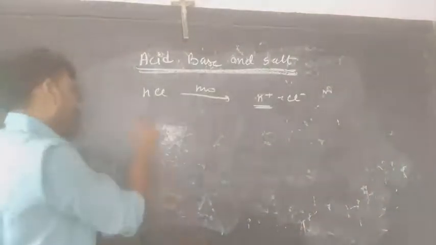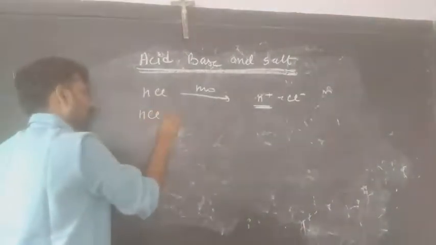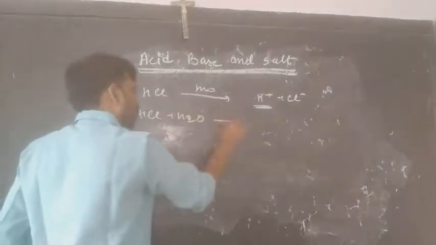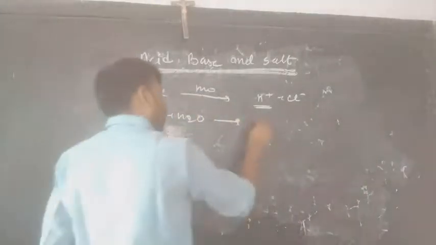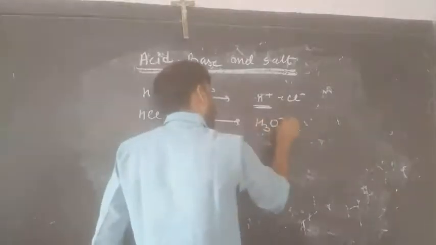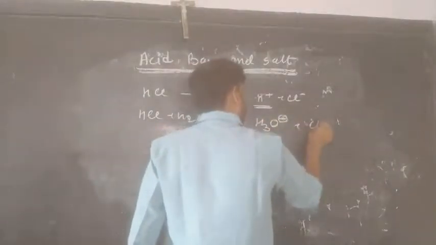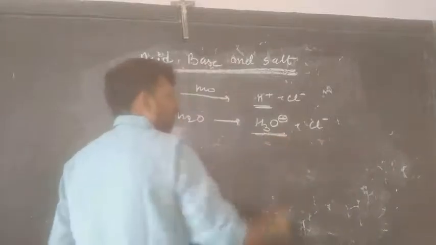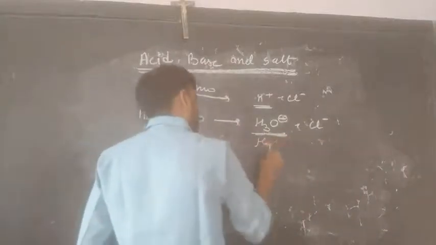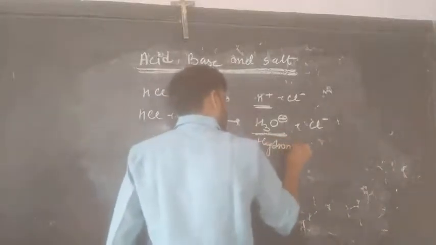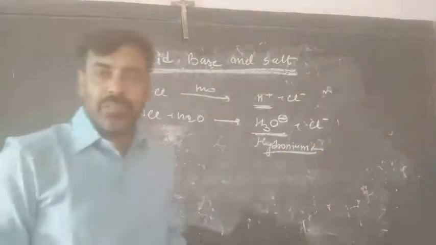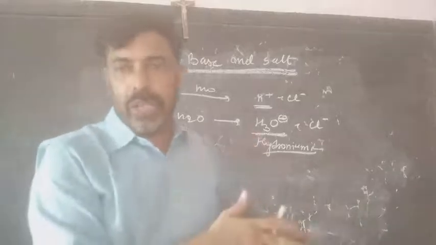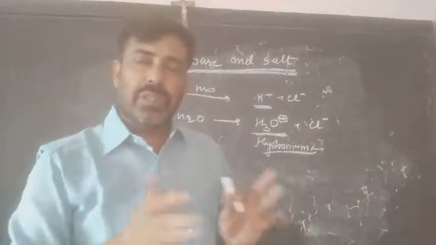But if you write the reaction this way, HCl plus water, because in the aqueous solution the water must be there, then it will give H3O+ along with Cl-. So this is the hydronium ion.